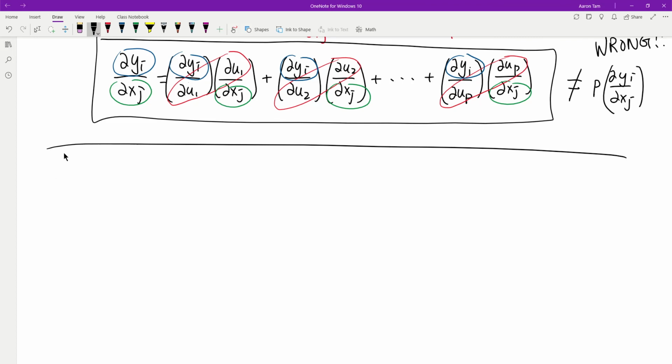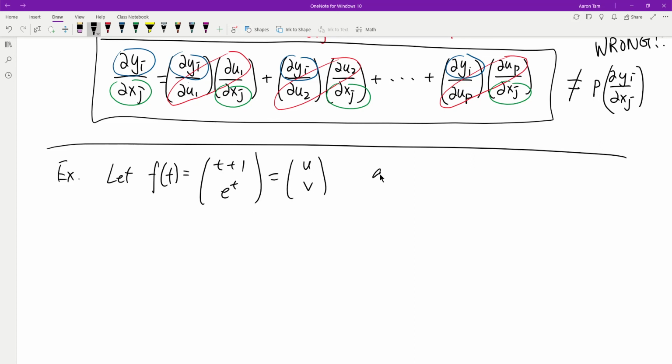Okay, suppose I have this function right here. Let f of t, which is equal to (t plus 1, e to the t), which is (u, v), and let's say g of (u, v) would equal (u squared plus v to the third), which is (x, y).